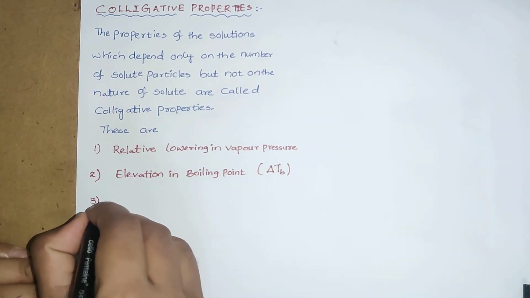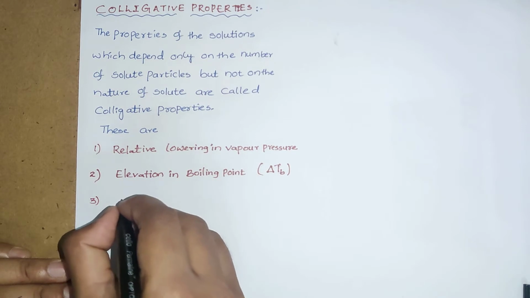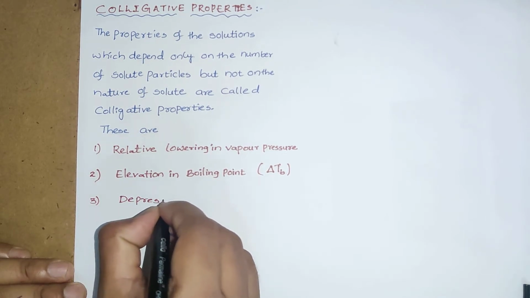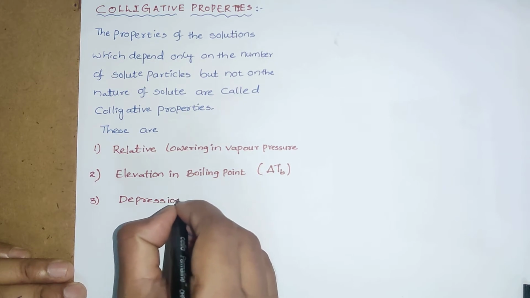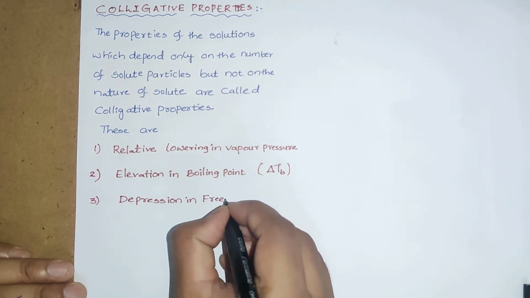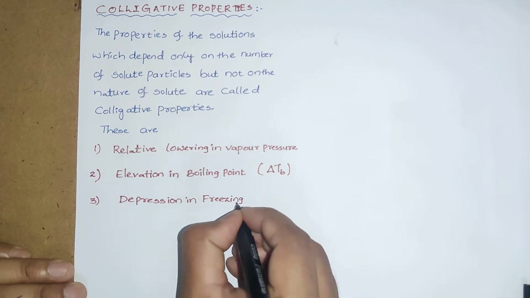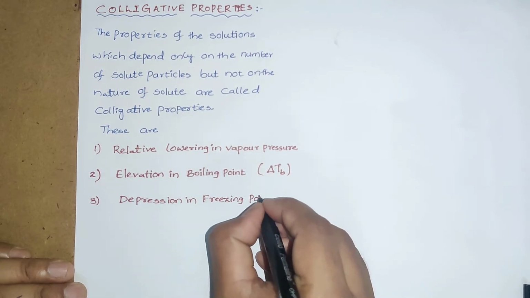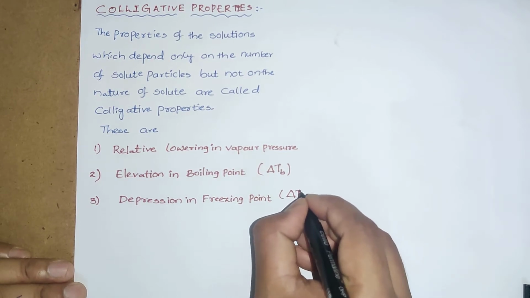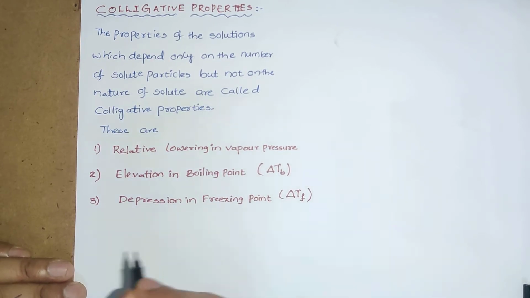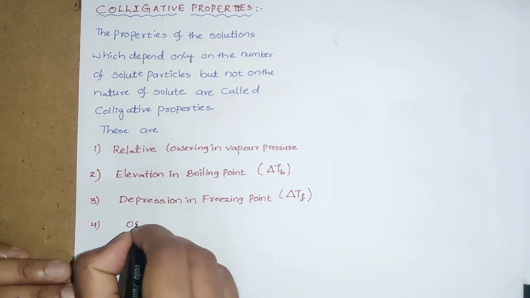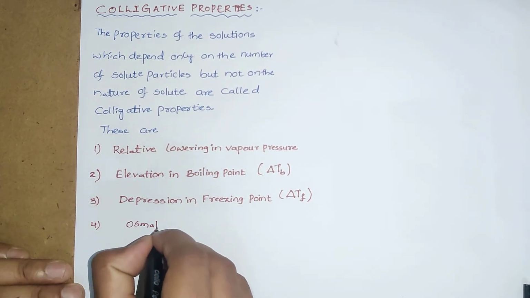Third one is depression in freezing point, that is delta TF. And the fourth one is osmotic pressure.